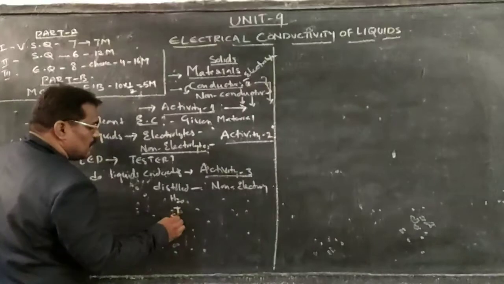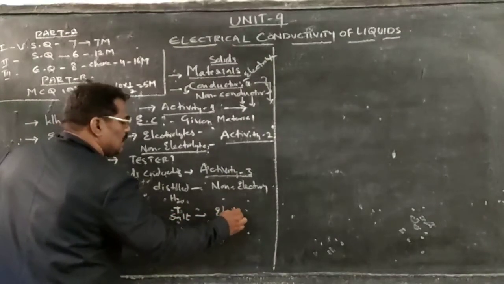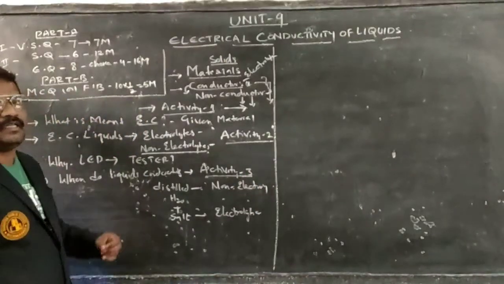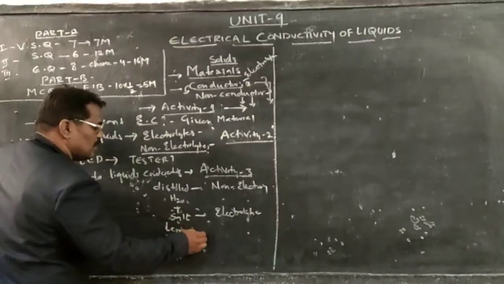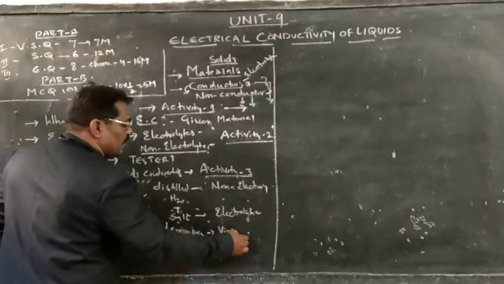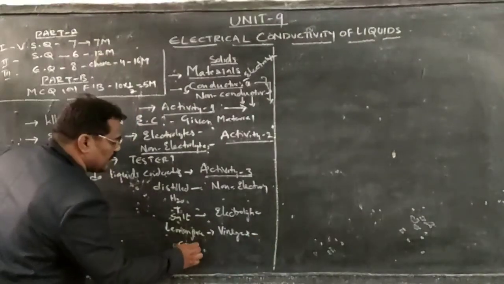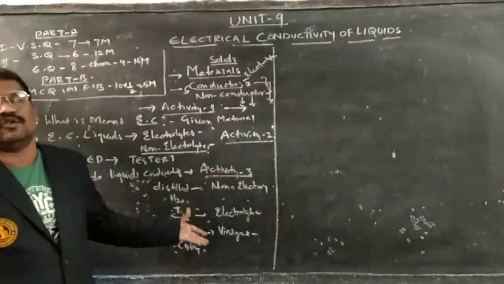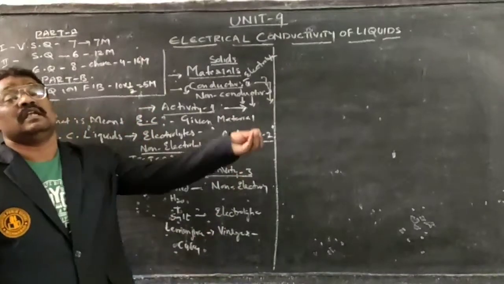For this distilled water, if I add salt, it will act like an electrolytic substance which conducts electricity. Similarly, lemon juice is a good conductor of electricity. Vinegar is a good conductor of electricity. Copper sulfate solution is a good conductor of electricity. Tamarind juice is a good conductor. Tomato juice is a good conductor.